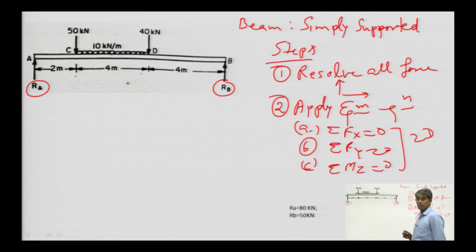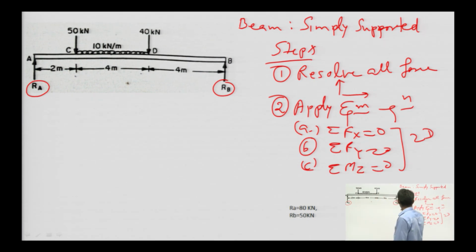And in case of space, it is 6. I have told you in my earlier classes. So, with the help of these two steps, we will calculate the value of support reactions R A and R B in this simply supported beam.